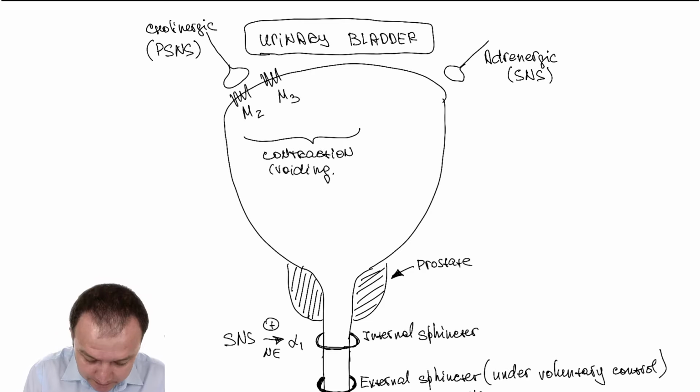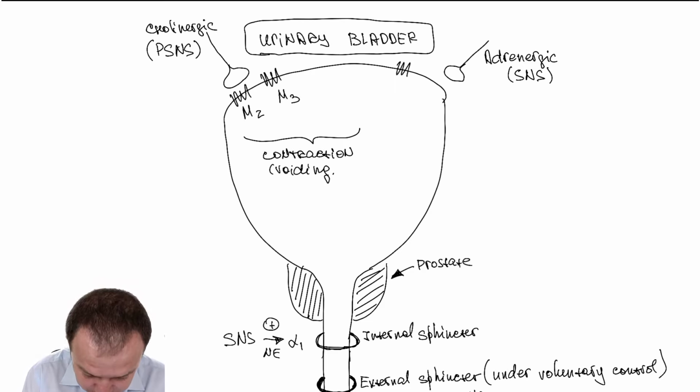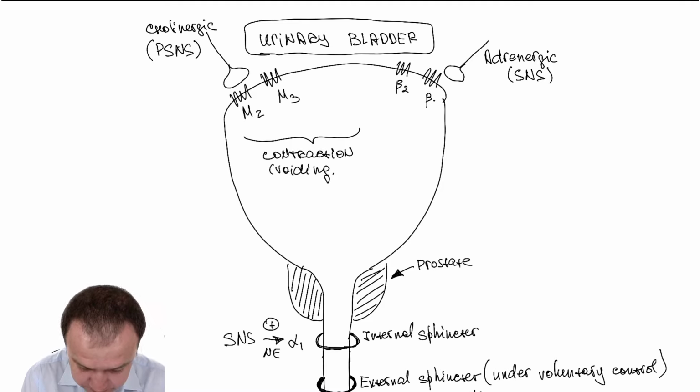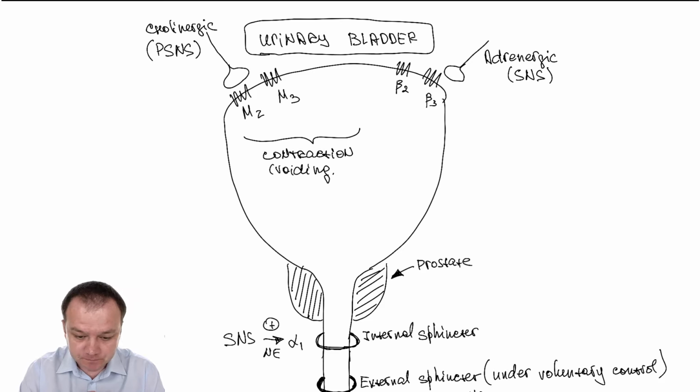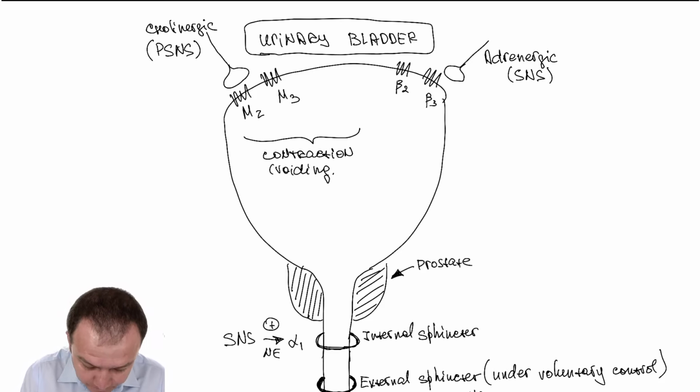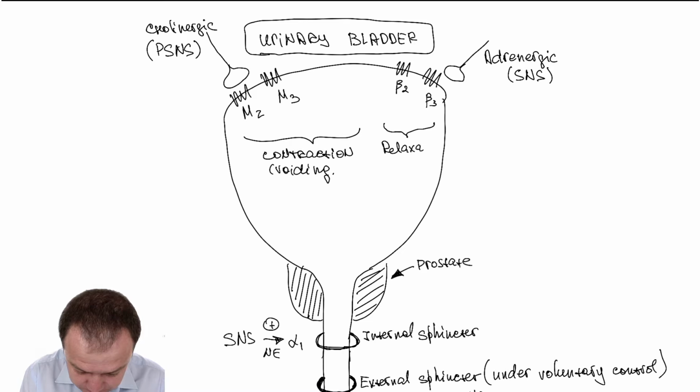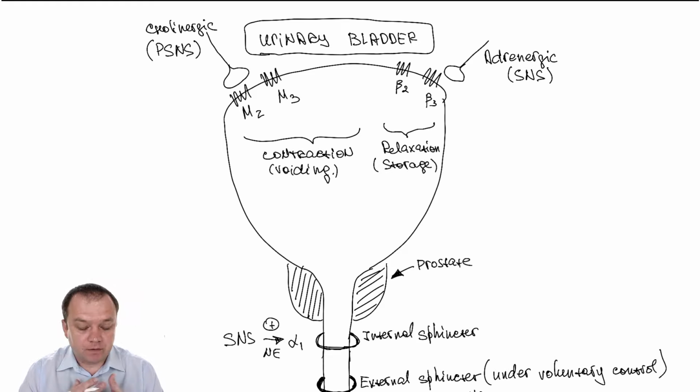So we have beta 2 adrenergic receptors here, and beta 3 adrenergic receptors were recently described here, and activation of beta 2 and beta 3 receptors is responsible for relaxation, or let's say the storage phase of the urine.